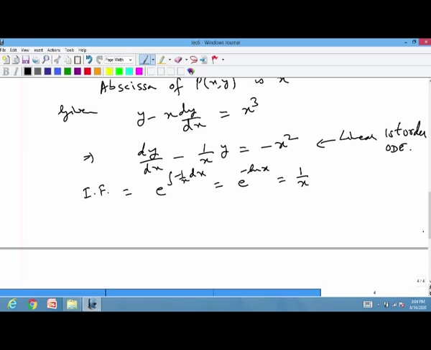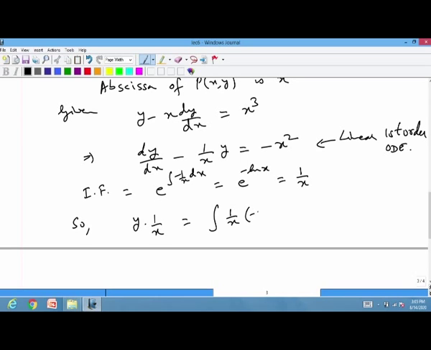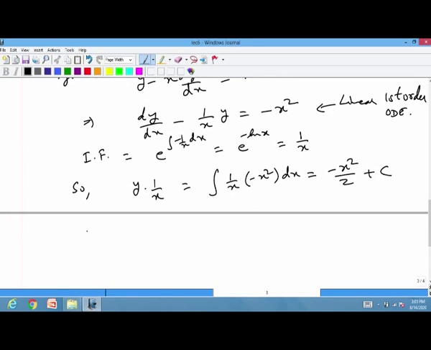So, the solution is y times integrating factor 1 by x is equal to integral of 1 by x times g of x, which is minus x square dx. So, that is minus x dx, so minus x square by 2 plus c. This implies y is equal to c x minus x cube by 2.